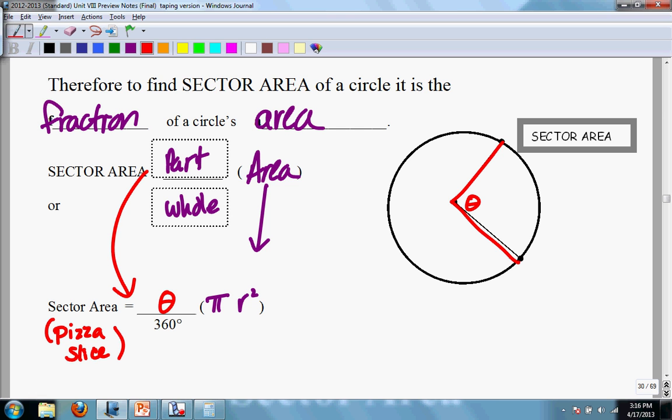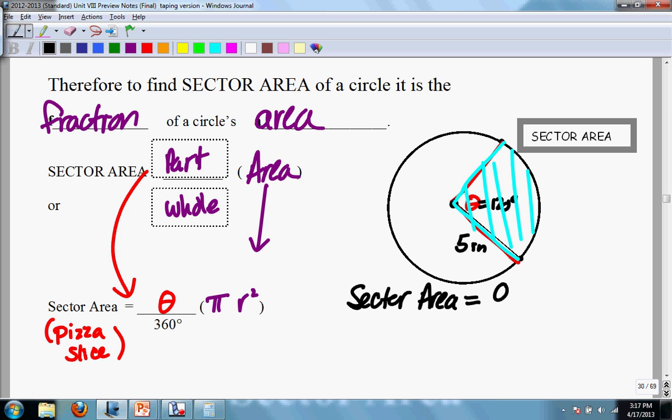Let's use the same numbers as before. Our central angle theta is 120 degrees, and our radius is 5 inches. Now I want to find the area of this entire shaded region. That's called a sector area, which equals theta over 360 times pi r squared.